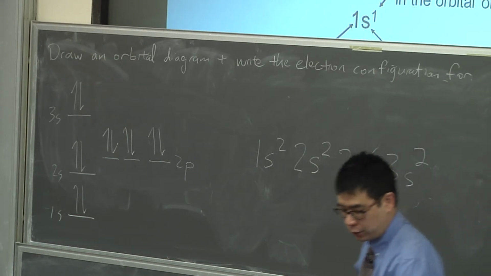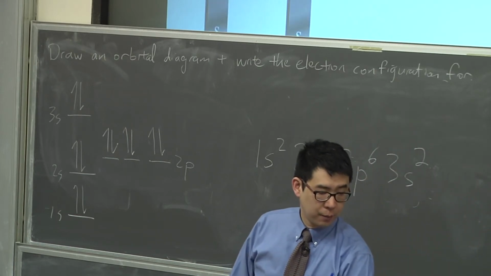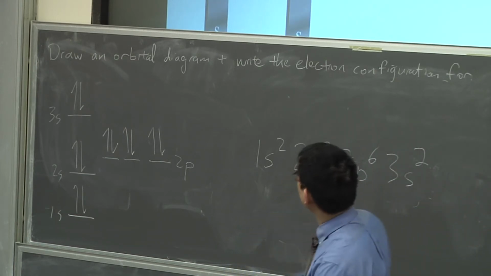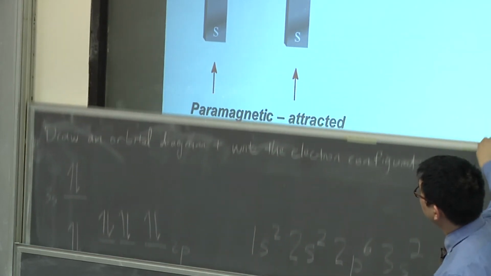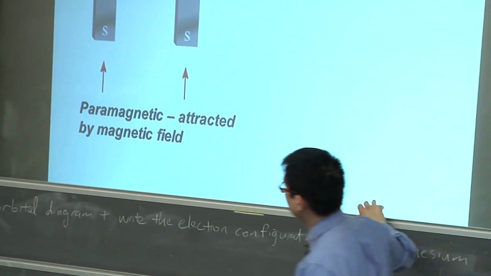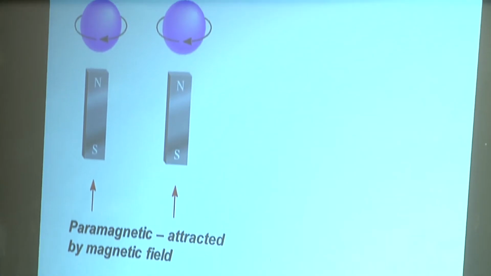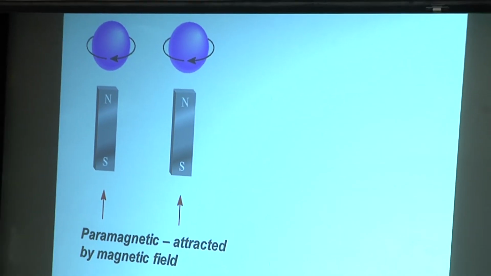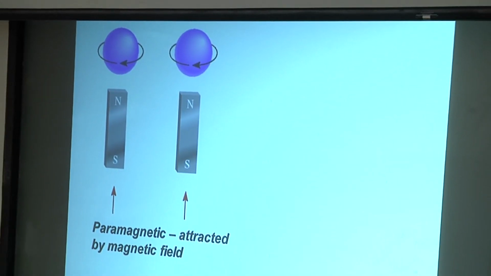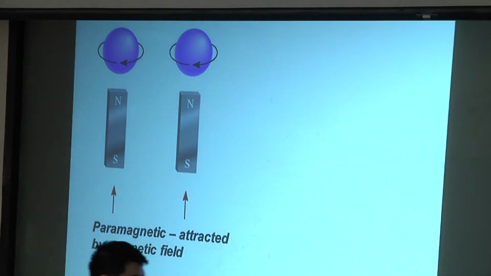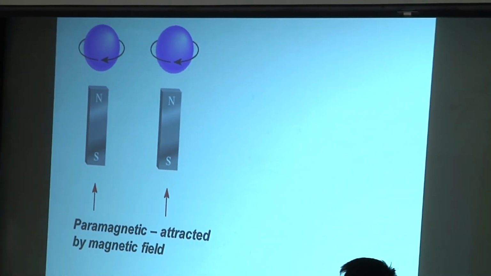Okay, so there's a concept here that we should introduce. In general, there are two types of magnetism. These are not the magnetism you see for the magnets that stick on your refrigerator. These are substantially weaker.